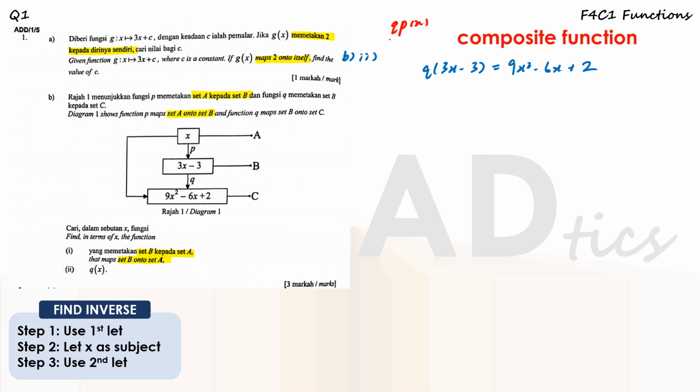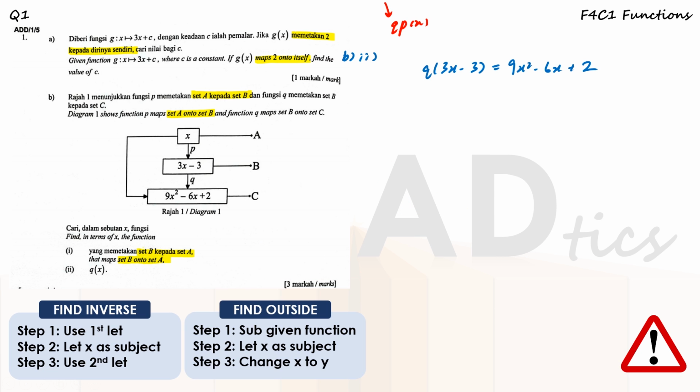So now the issue is we need to find the function on the outside. Okay, so to find this function, we need to follow these 3 steps to find the function outside. Okay, so the first step is to sub the given function. So we actually have done this because previously it was p of x, and now we already sub it with 3x minus 3. Okay, so this is done.